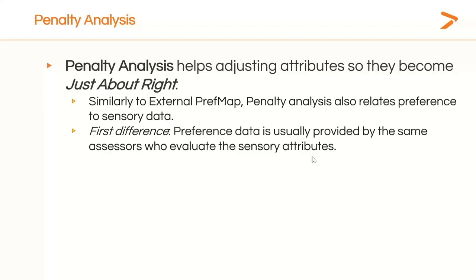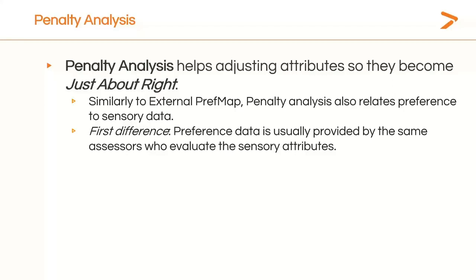The first difference is that preference data is usually provided by the same assessors who evaluate the sensory attributes. In preference mapping, we've seen that we can have different blocks of assessors: one block assessing preference and another one assessing sensory attributes.